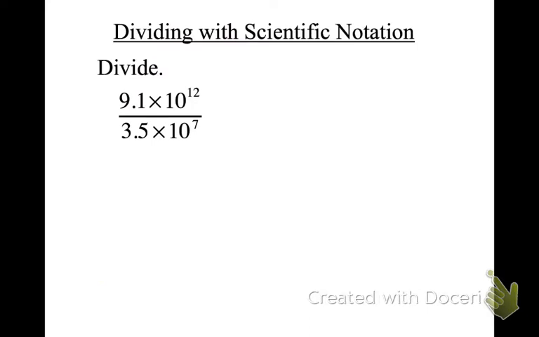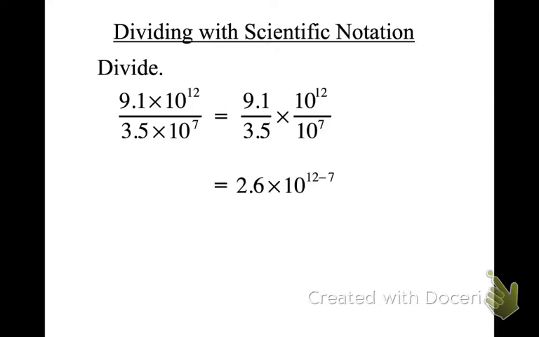Okay, if we are dividing, we do the same thing. Number with number, like base with like base. Okay, 9.1 divided by 3.5, 10 to the 12th divided by 10 to the 7th. Okay, so then I end up, instead of dividing exponents, what are we doing?